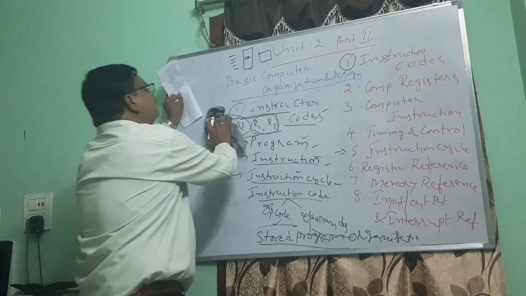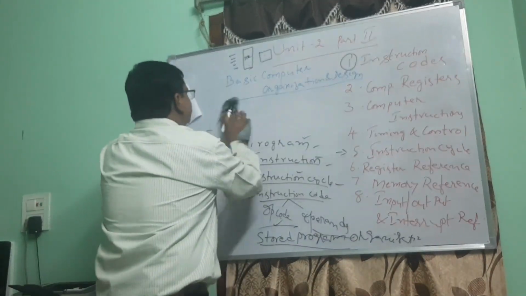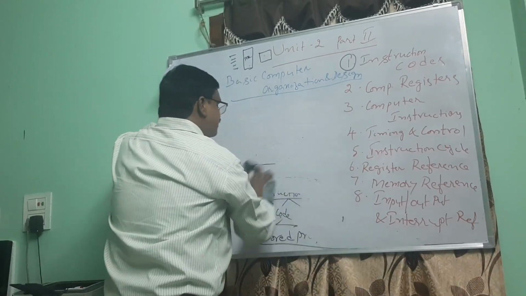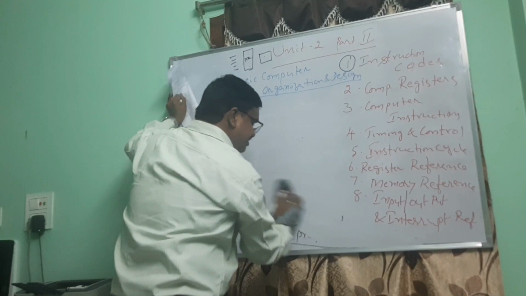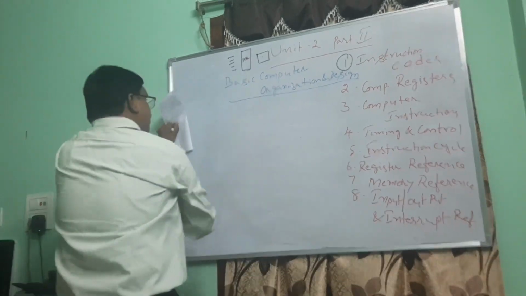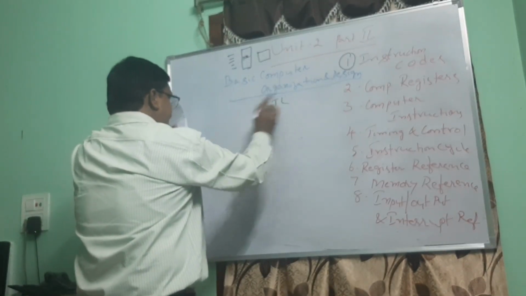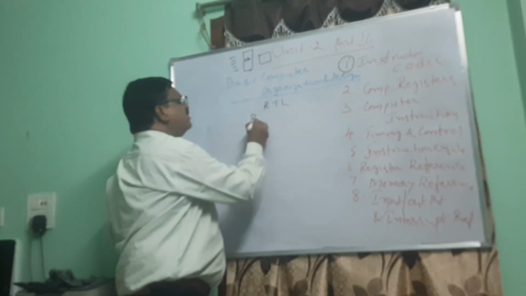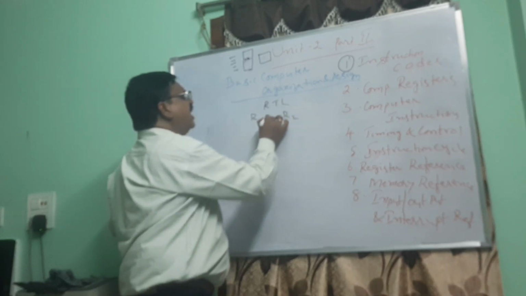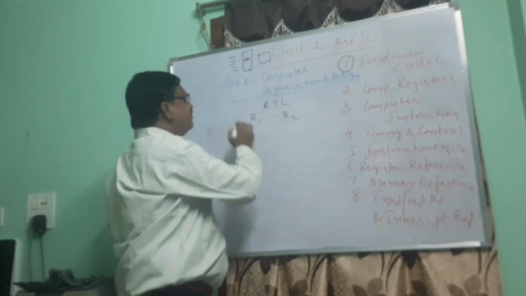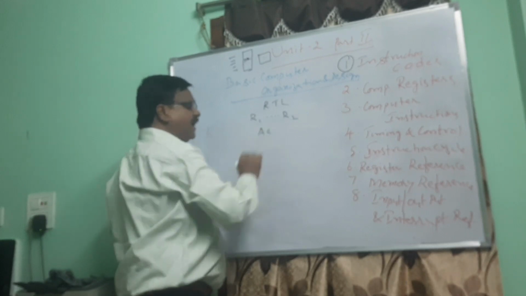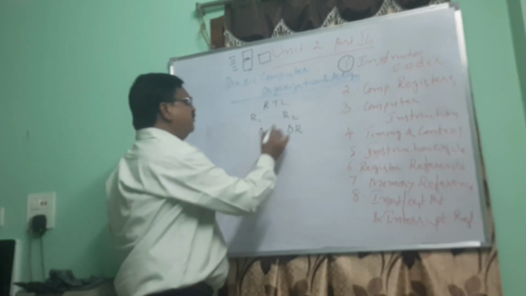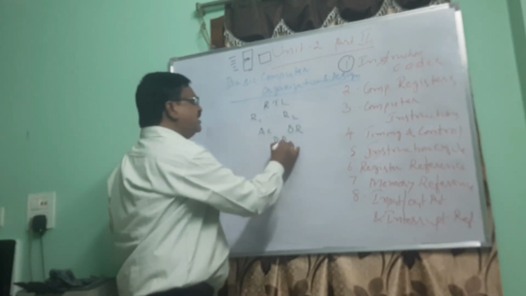Now coming to the computer registers. As we have discussed in the previous sessions, in RTL, that is Register Transfer Language, I told you there are registers R1, R2, etc., and I have given you one more register like AC, one more register named BR, base register, and one more, the data register.